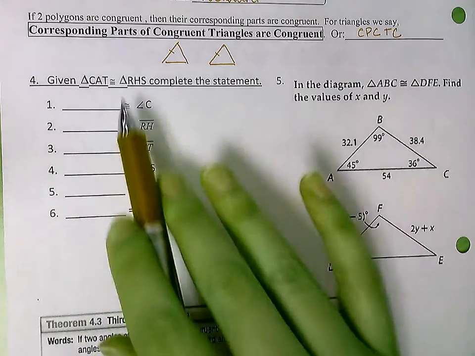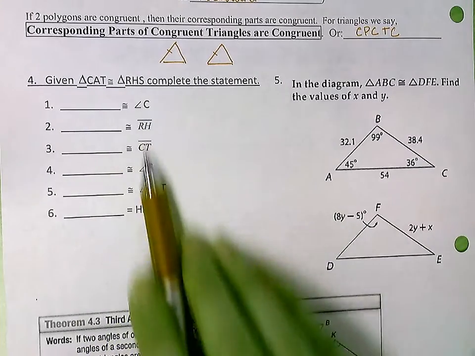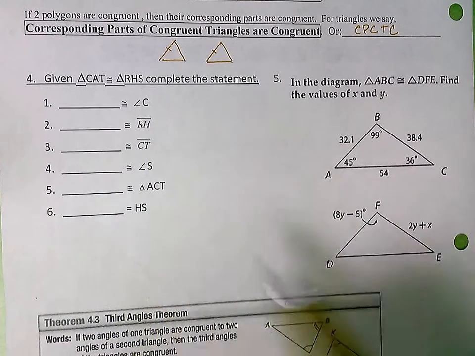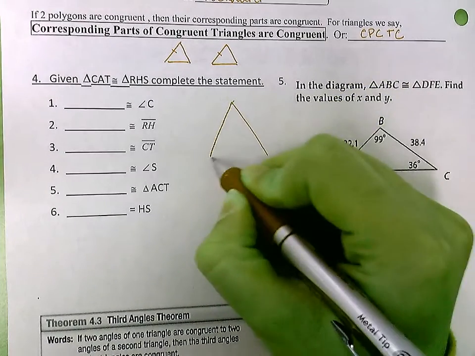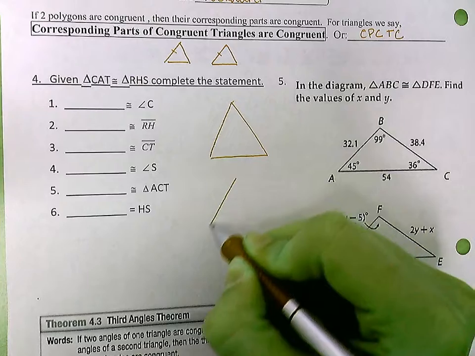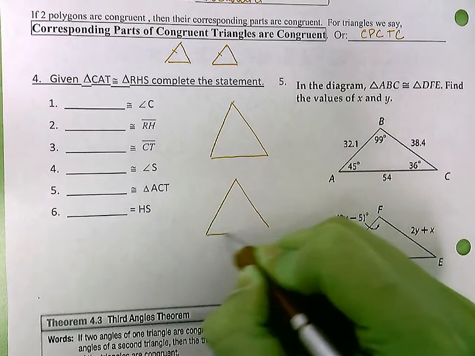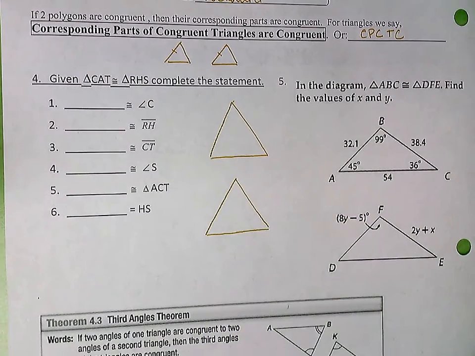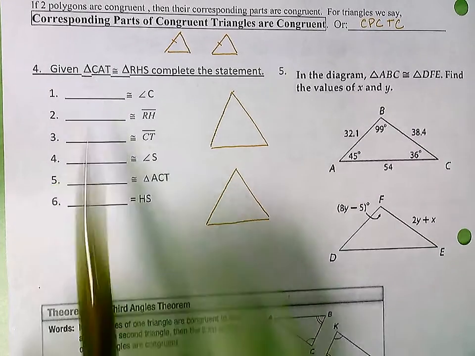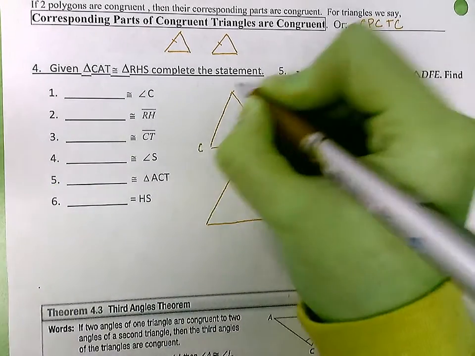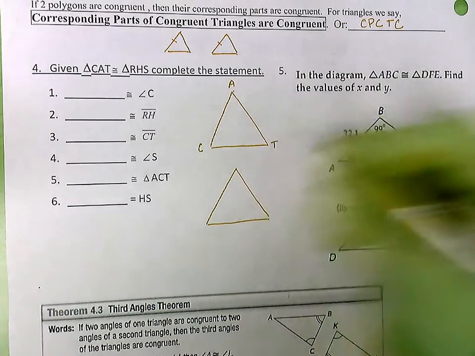So what I do when I'm given a problem like this and I have to find these corresponding parts, I draw out those triangles. So I have two triangles, and I'm going to label those triangles. So the first one, I have CAT.